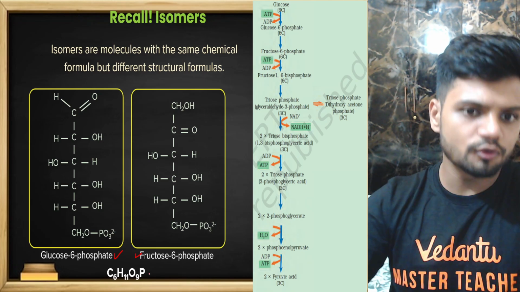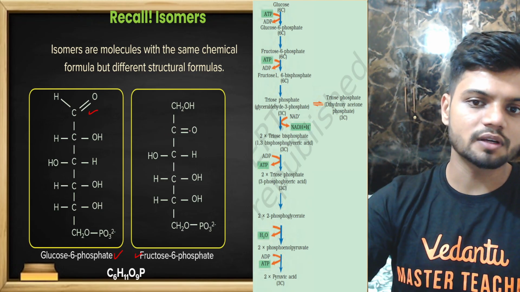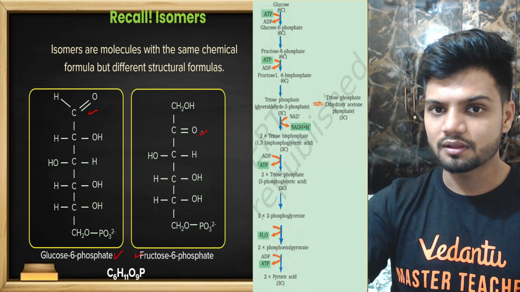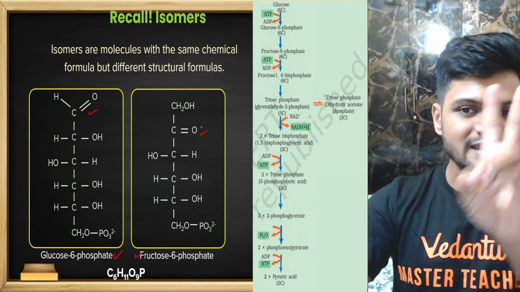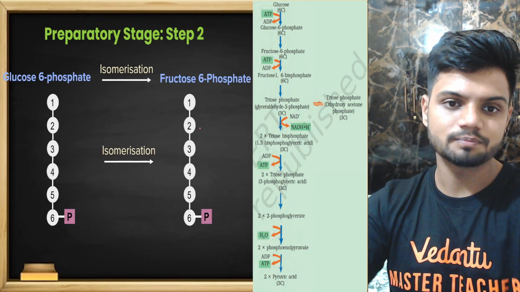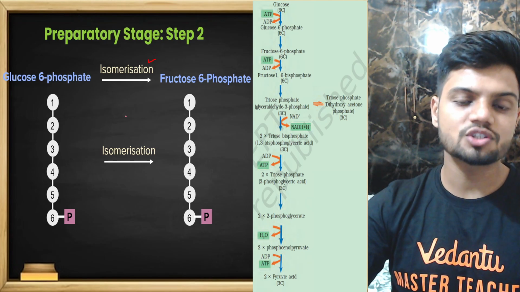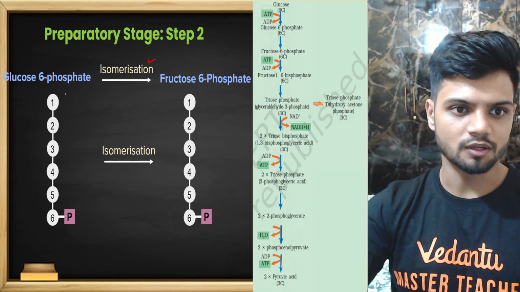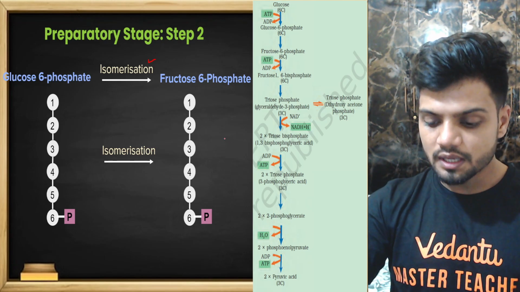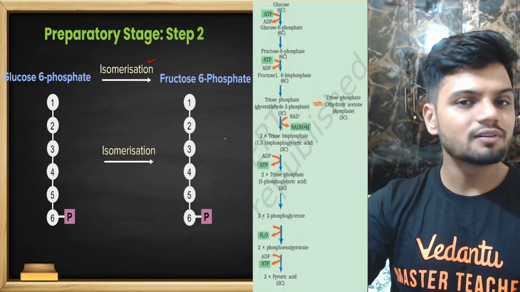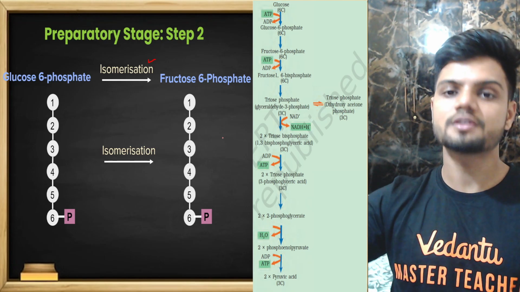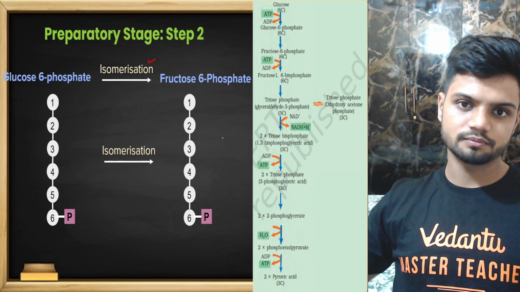But structure wise, here we have an aldehyde group, here we have a ketone group. Structurally they are different, chemically they are the same. They're called isomers. So in the second step, glucose 6 phosphate to fructose 6 phosphate. And remember students, in isomerization, there is never release of energy or energy taken in. It is always neutral.